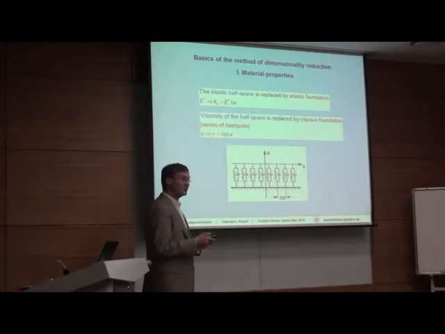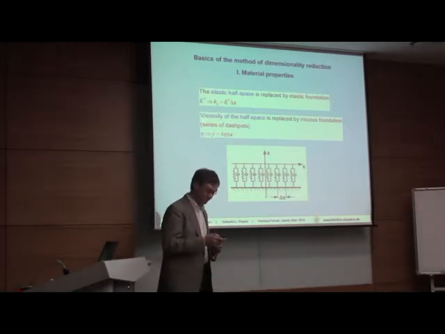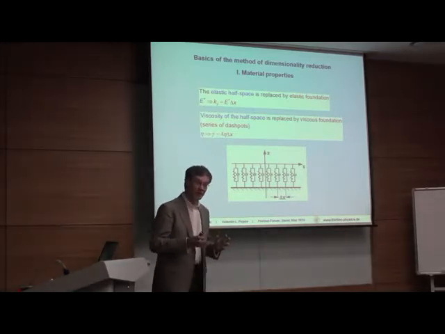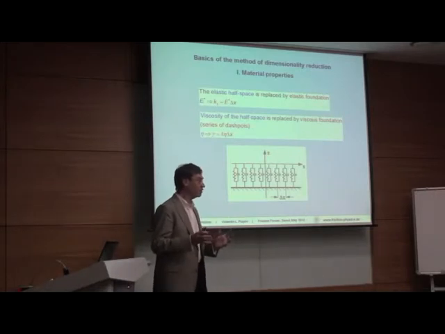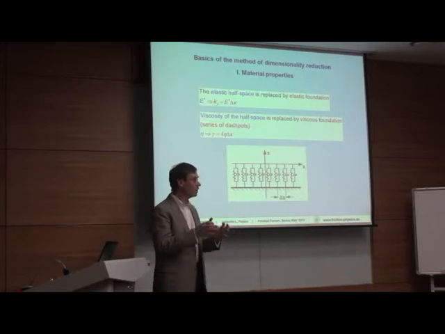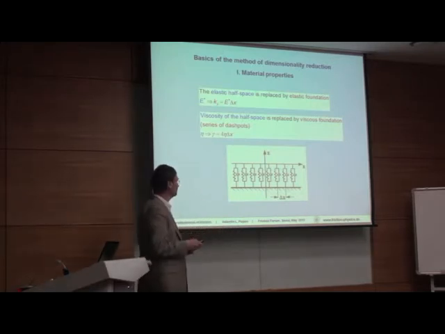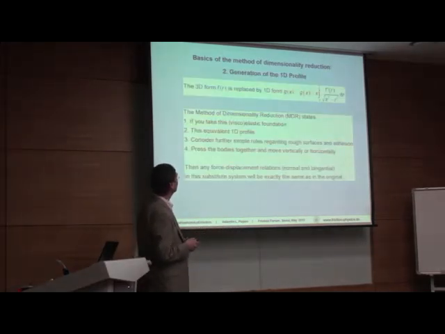If you have a viscoelastic Kelvin body with some viscosity, then it has to be replaced by a series of dashpots with 4 times viscosity times delta x. If you have a more complicated arbitrary linear rheology, then there is a simple general rule for how it has to be replaced.